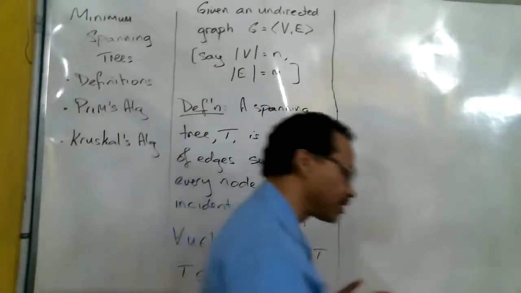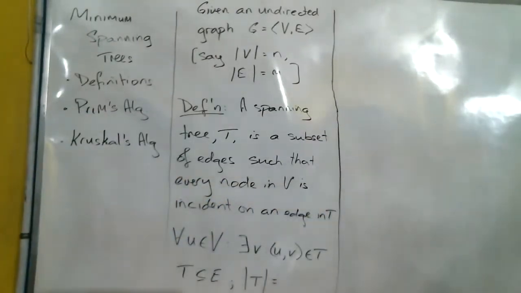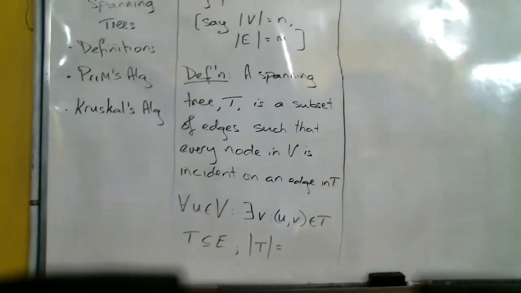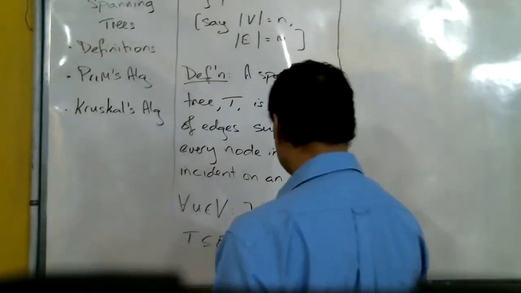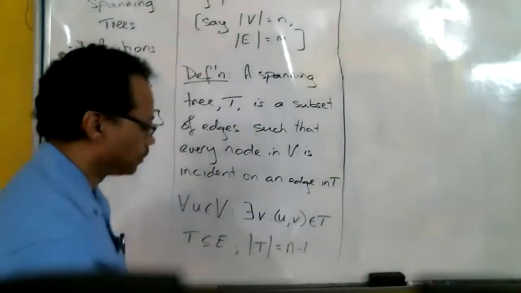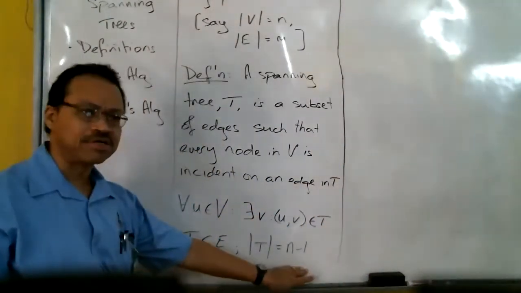If I have a tree that touches n nodes, what? It's n minus 1. Okay? You did that in discrete maths, no?